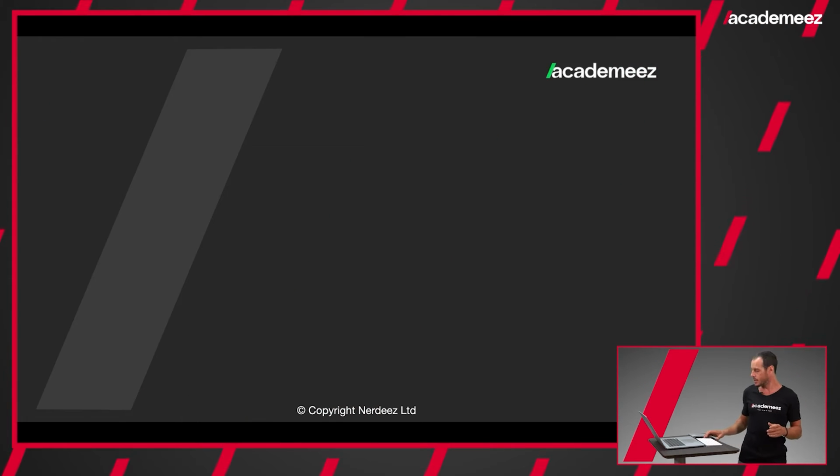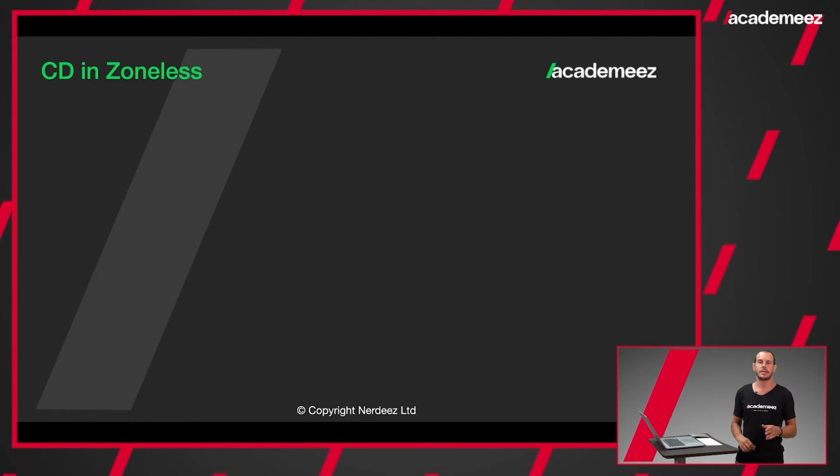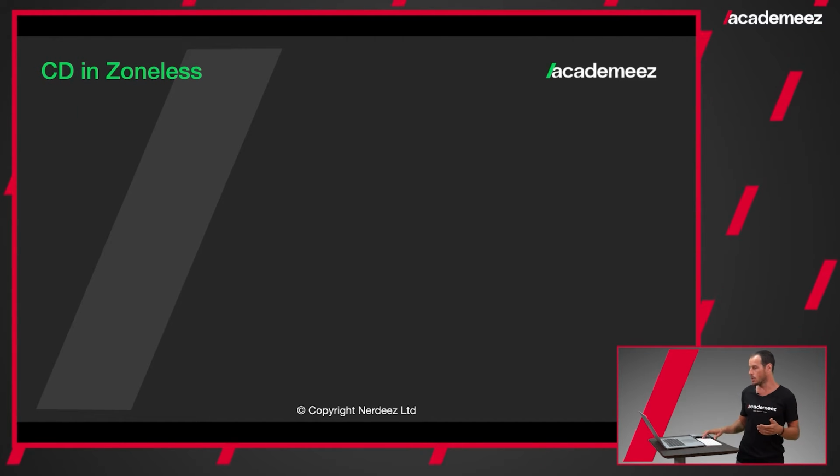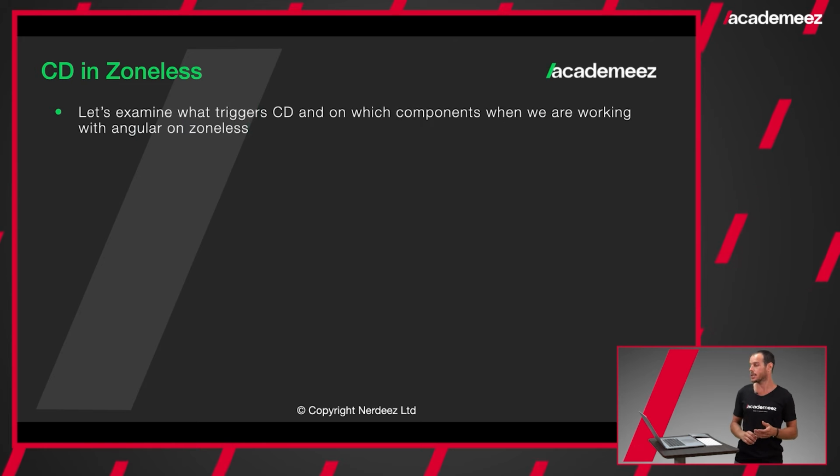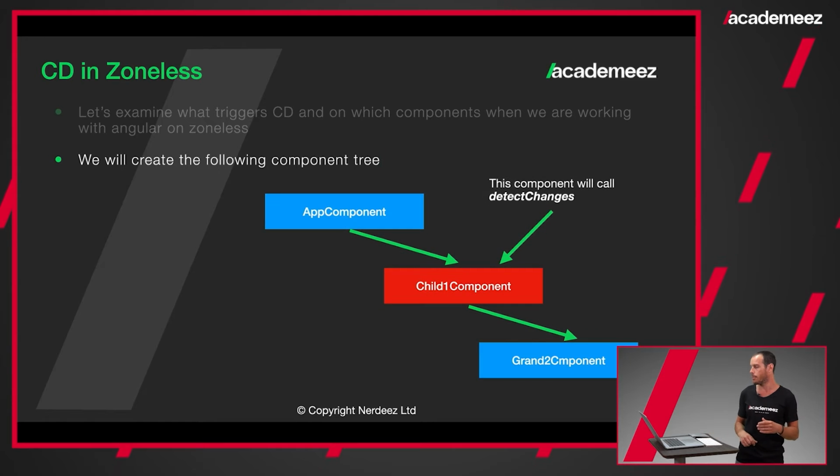Now that we have our zoneless Angular app set up, let's do an exercise to understand how change detection is working on zoneless. Our goal in this exercise is to understand how we trigger change detection, as well as on which components change detection is triggered. So what we are going to build is the following component tree.